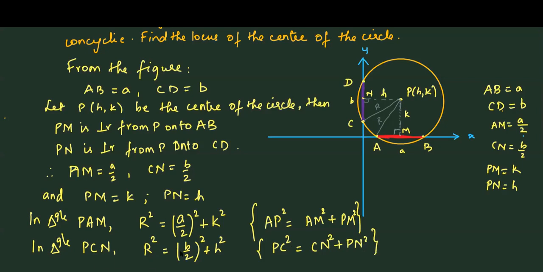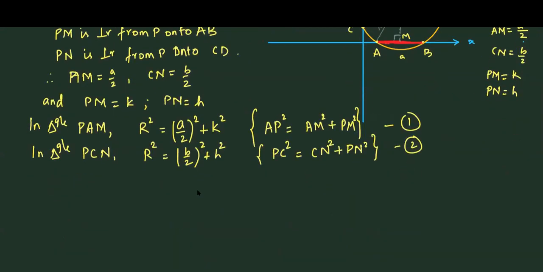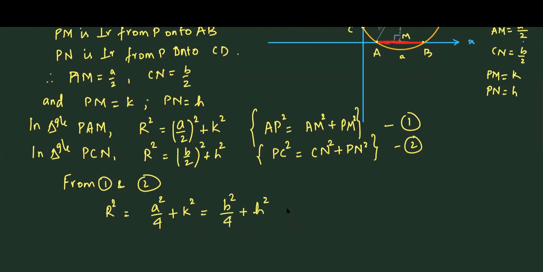So this is equation 1, this is equation 2. R is unknown, the radius will keep changing. But these two expressions will always be equal because R is the same. So from 1 and 2, R square equals a square by 4 plus k square, which is equal to b square by 4 plus h square.